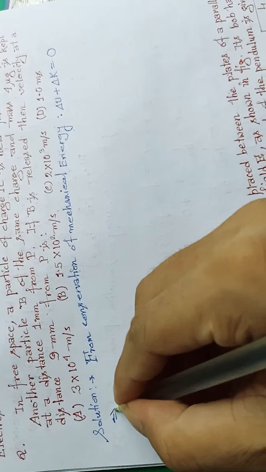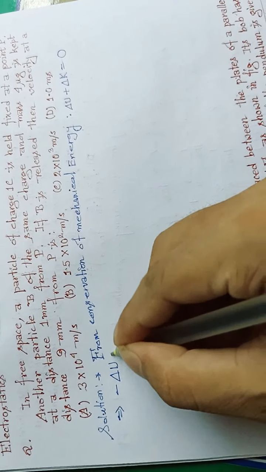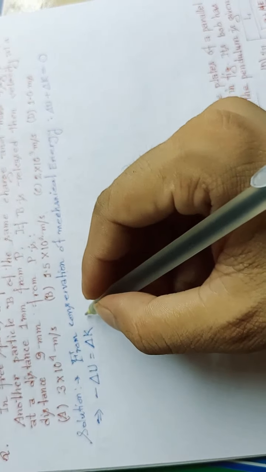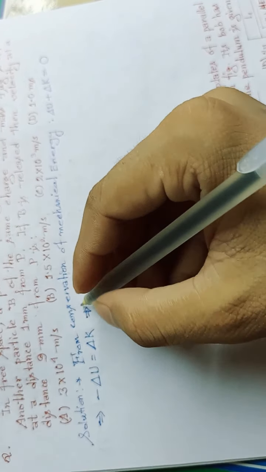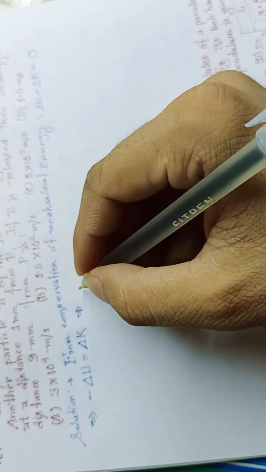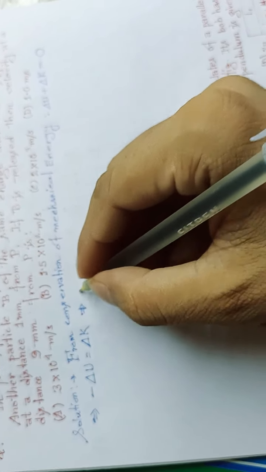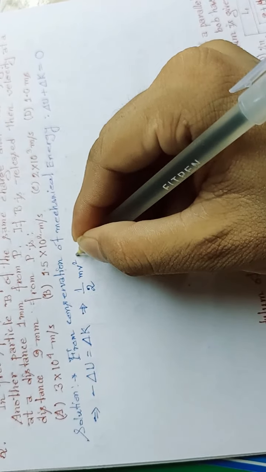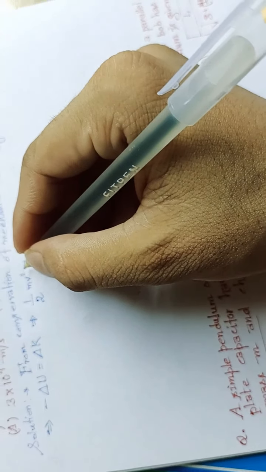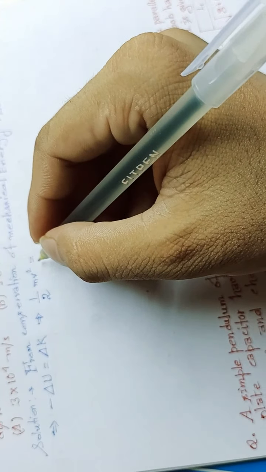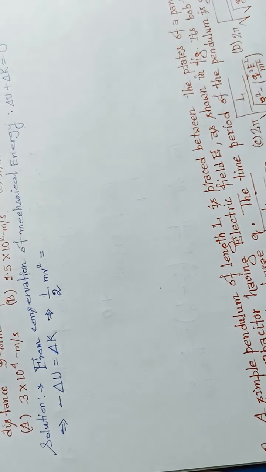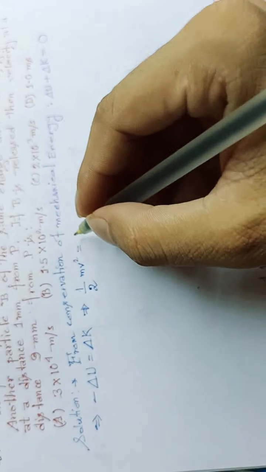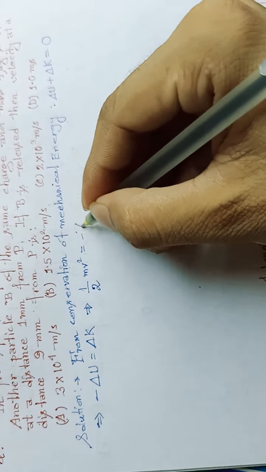Therefore we can write -ΔU equal to ΔK. The change in kinetic energy is equal to half mv squared. So half mv squared is equal to the negative change in potential energy, -ΔU.